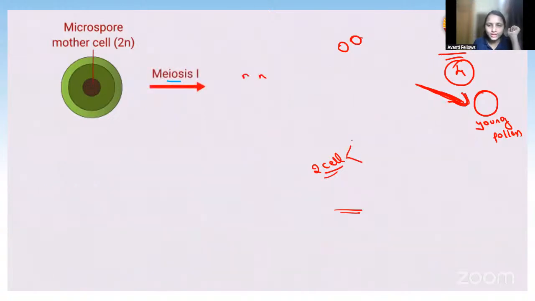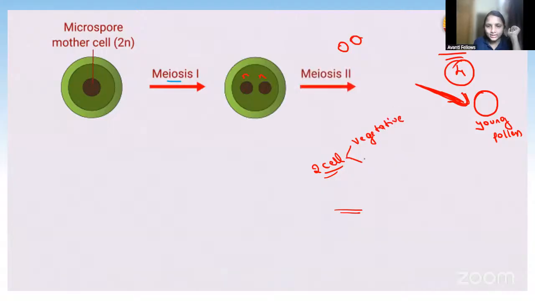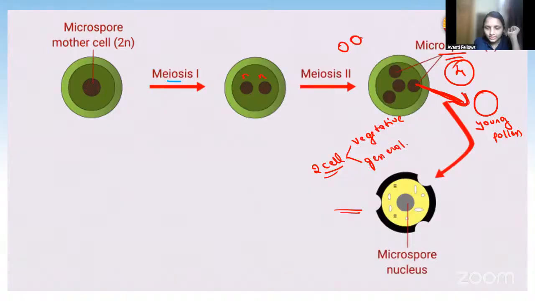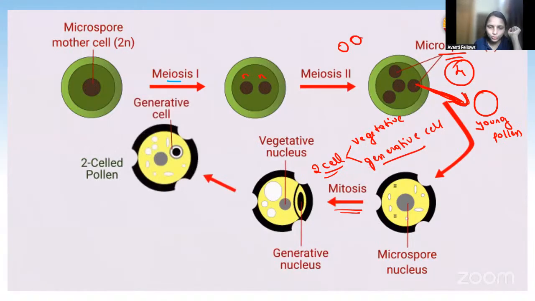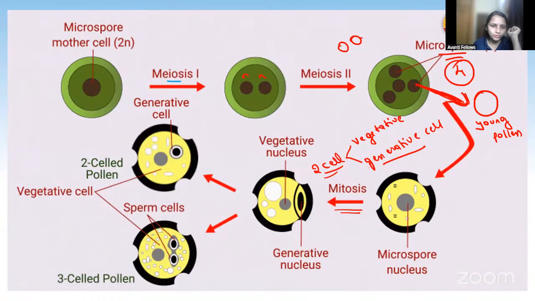Which are those two cells, guys? One is the vegetative cell and another is the generative cell. After the microspore mitosis, we have two cells.